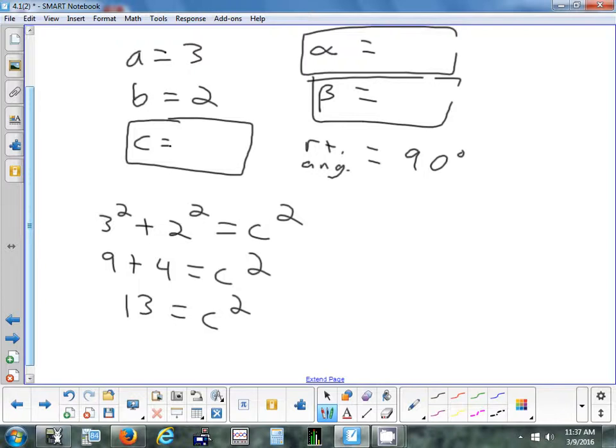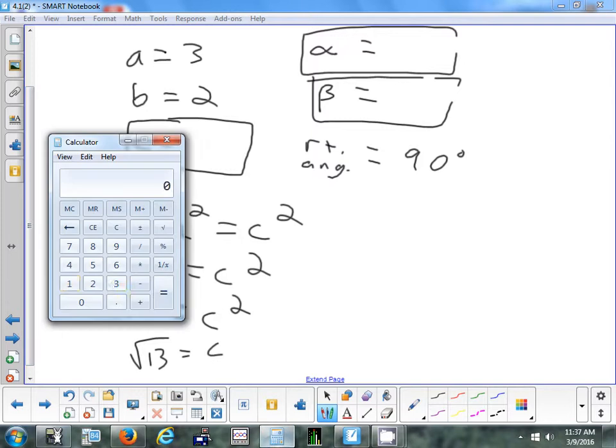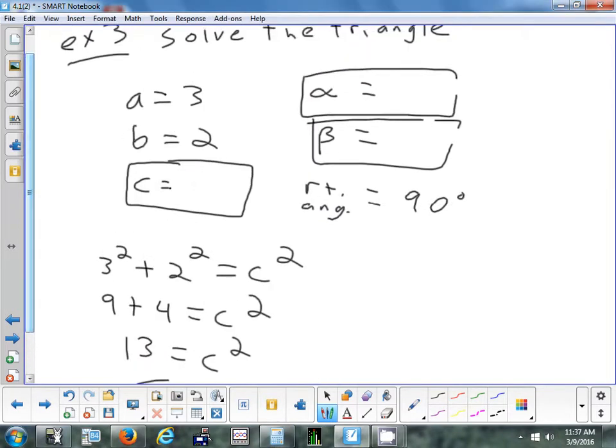How do I get c by itself? Square root 13. Good. Take the square root, and c is the square root of 13. At this point, if they want a decimal, we can write it. If they want to leave it exact, we can just leave it as square root 13. I'll do the decimal, about 3.61.